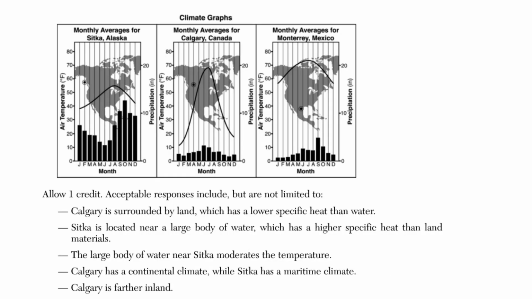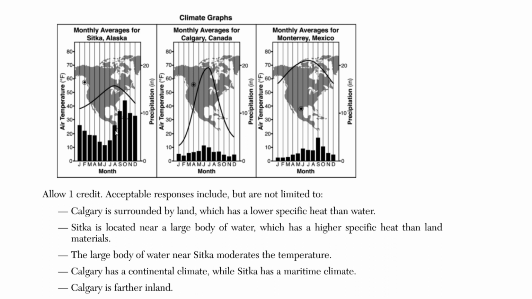And you can pick any of these reasons. So Calgary, Canada is surrounded by land, which has a lower specific heat than water. Notice that this is Alaska, this is Canada, and Alaska is closer to the water, right? And that's why the temperature is not changing as much. But Canada is a little more inland. That's why the temperature is changing so drastically.